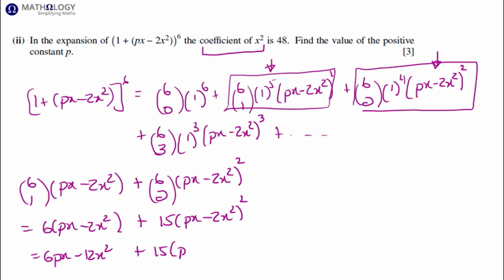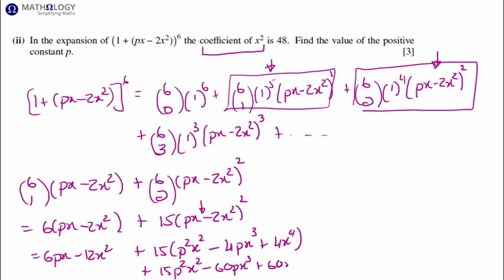So that will give us, multiplying this bracket out, p squared x squared minus 4px cubed plus 4x to the 4. Now if we expand this, we're going to have plus 15p squared x squared minus 60px cubed plus 60x to the 4th.